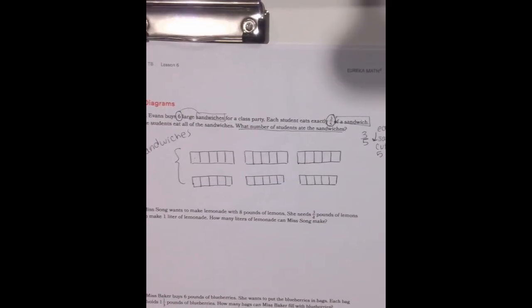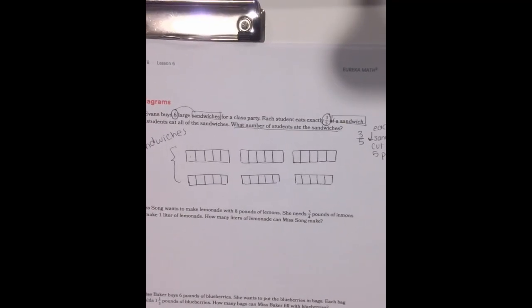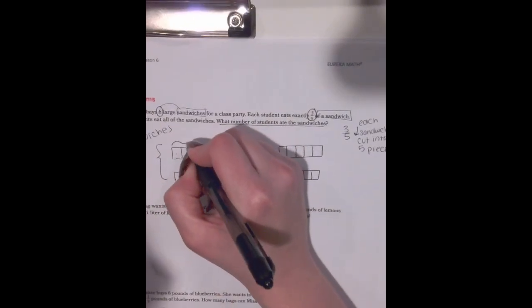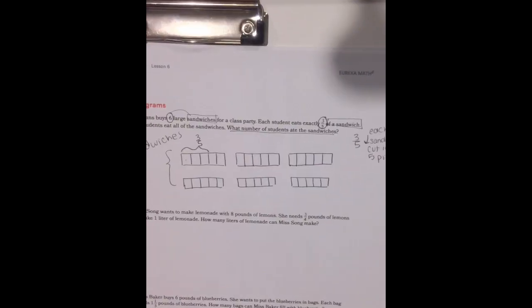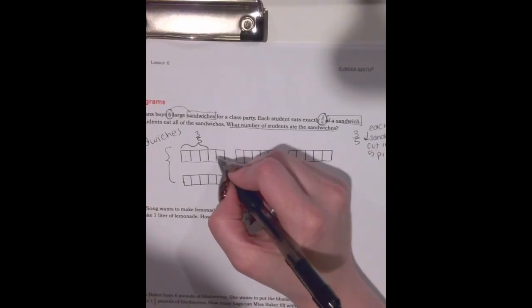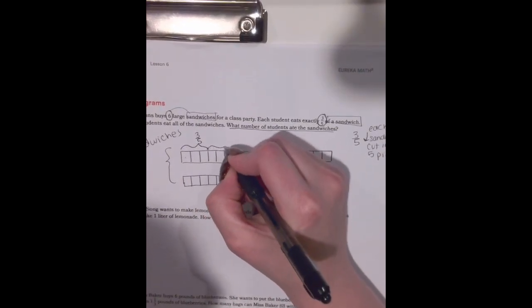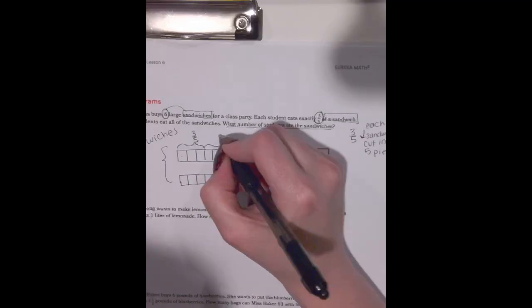Now what we're thinking about is, let's say I go up, Miss Callum, and I grab 3/5 or 3 pieces of this sandwich. So I'm going to take these 3 right here. Then the next person comes up. They're going to take 2 of this sandwich, but they're also going to take 1 of this.